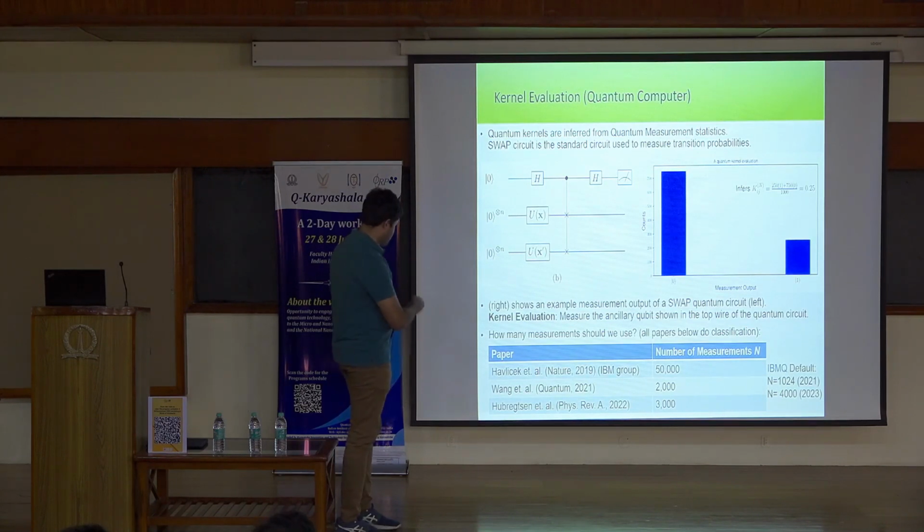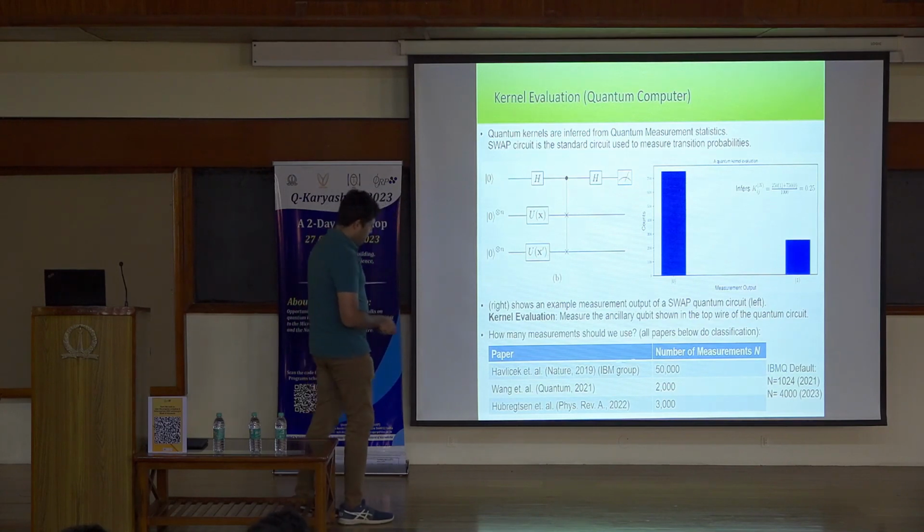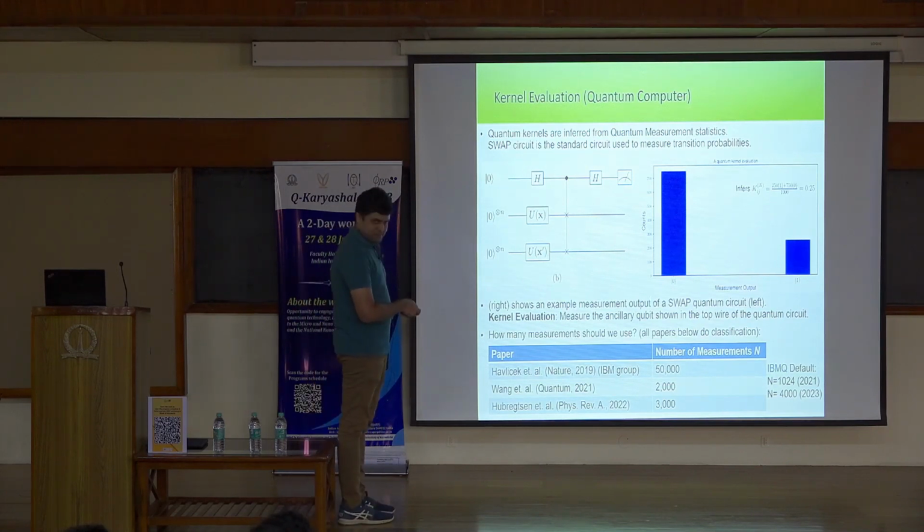You can look at this table, for example, at the number of measurements they are using, what I just said. 50,000 here, 2,000 in this, 3,000. There is no real systematic approach to how much you need, and so on and so forth.